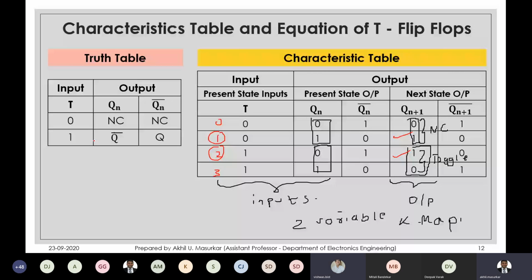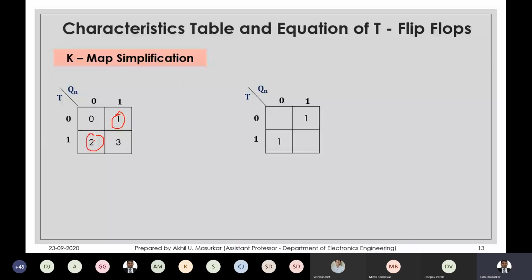Okay. I'll go to the PPT of the K map. So you don't write the first K map, Vishwas. Write only the second one. The first one is only for your explanation.